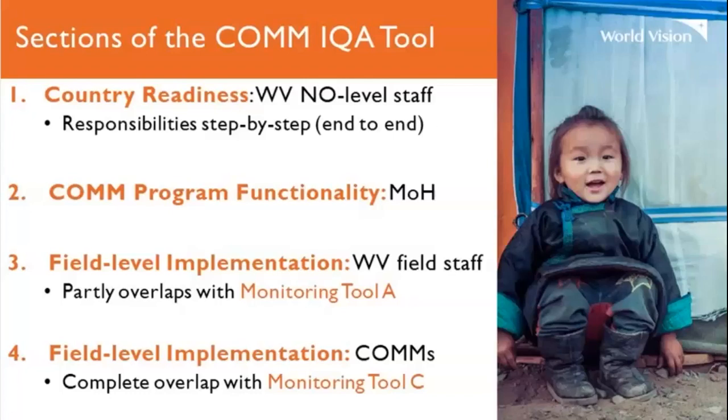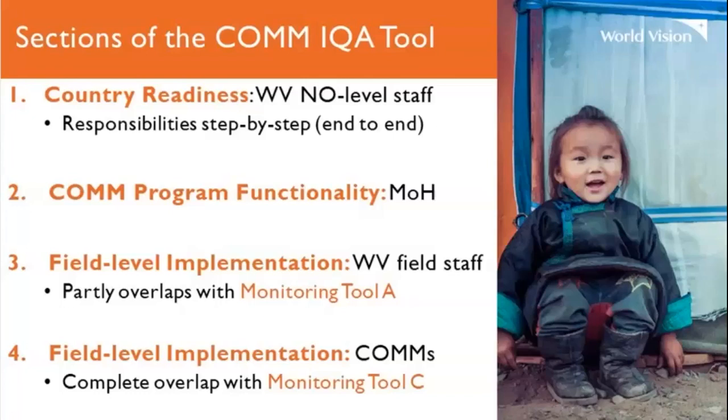In fact, what we usually do is that the CHWs meet every month to get their reports together. So the COMMs are represented in each of those meetings so that they will be able to get the information from the CHWs.